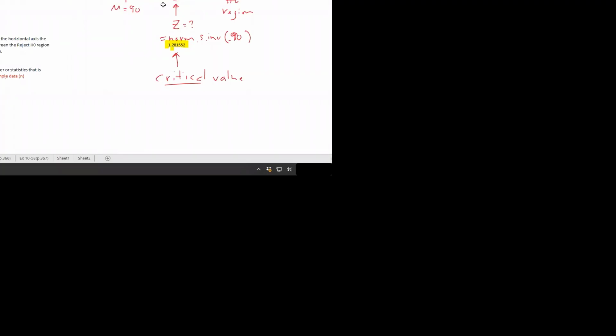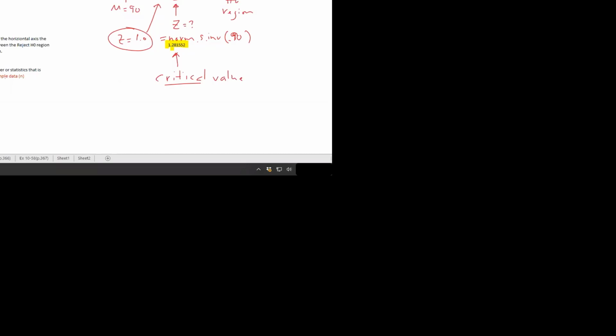So for example, if the resulting computed statistic based on the sample data is 1.0, just as an example, where is 1.0 in this distribution? It is probably over here. This computed statistic lies inside the fail to reject H0 region.